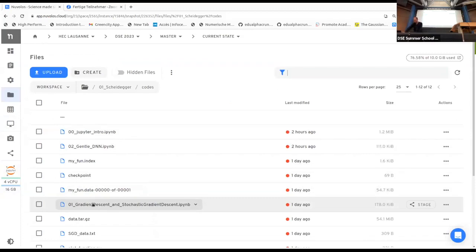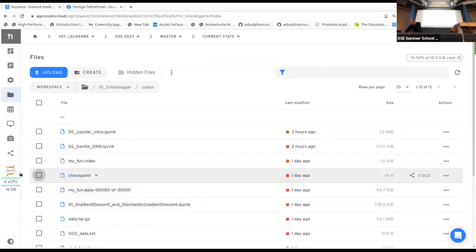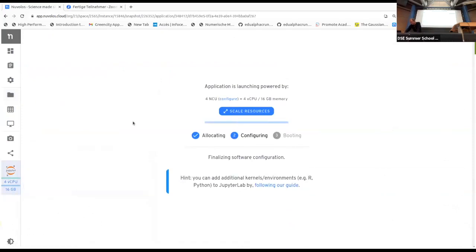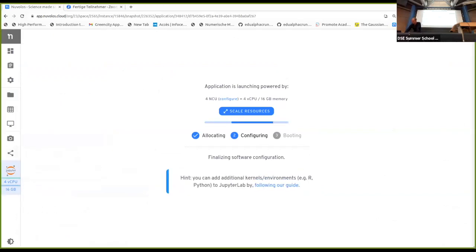I let it launch and check it. It's all there. You should run that in your little spare time and ask questions. So this is mechanics.